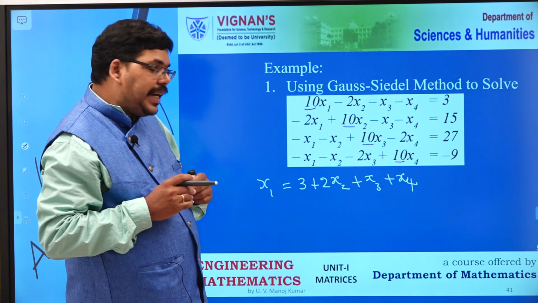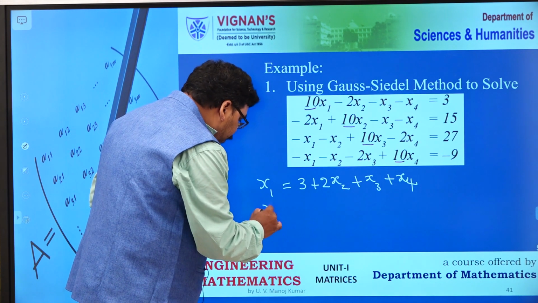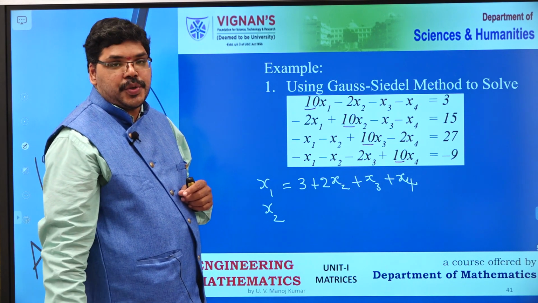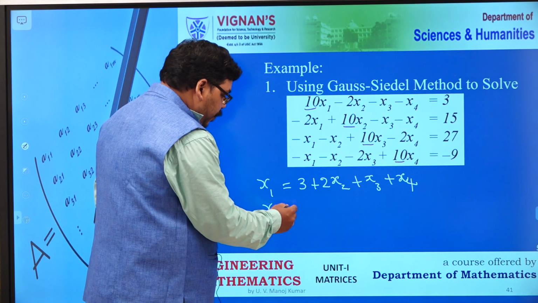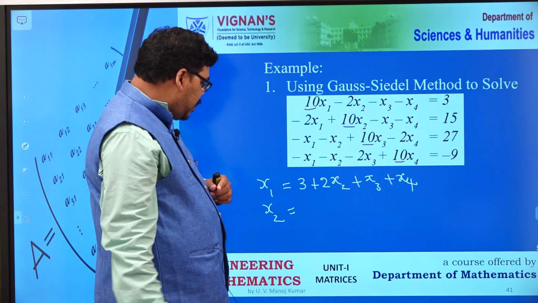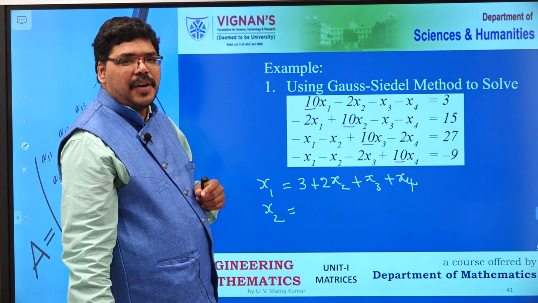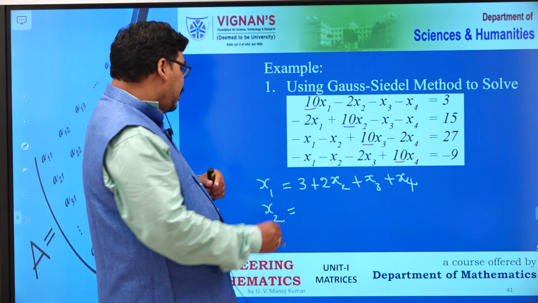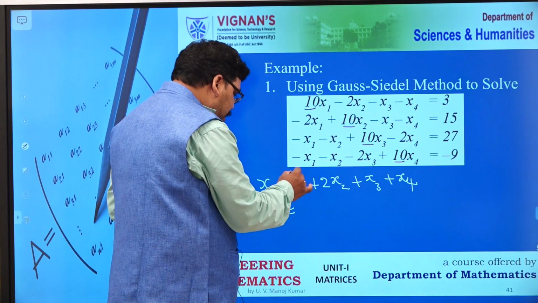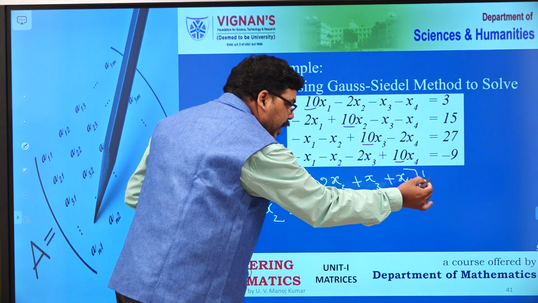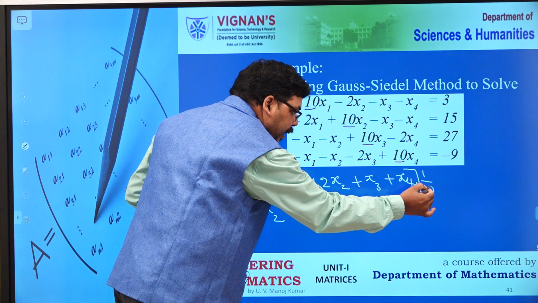Similarly, from the second equation, you write the expression for x2. Is my first equation for x1 right? Are we missing something? Yes, 10 is multiplied with x1 here. If you bring this to the other side, I will get 1 by 10.